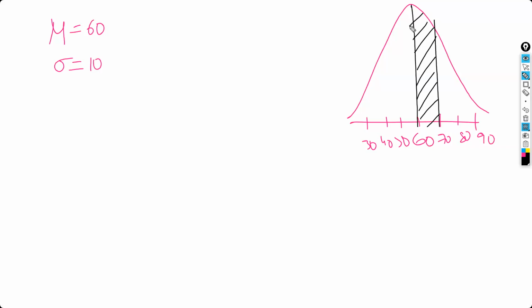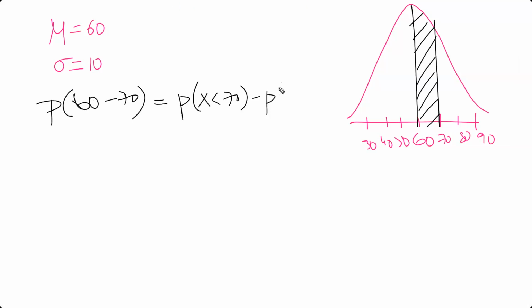Now here, what I am going to calculate first is the probability of x, that is 60 to 70. Which is nothing but the probability of x less than 70 minus the probability of x less than 60.